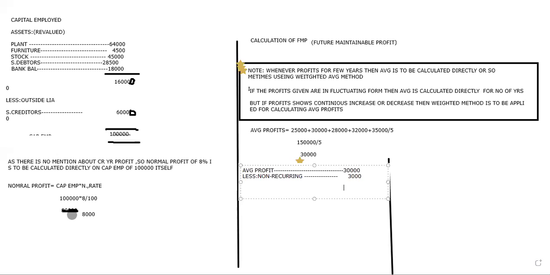But in this he said again, the directors decided to accept 1,000 from it. So whatever the directors have accepted, that 1,000 I'm going to take as income from business. So 1,000 I'm adding back. How much will it be now? 28,000, ma'am. So this is 28,000.